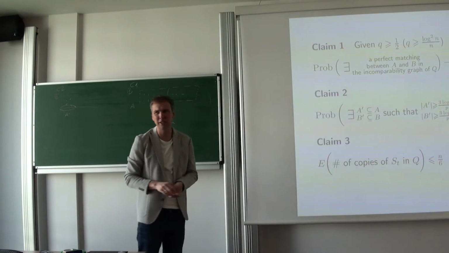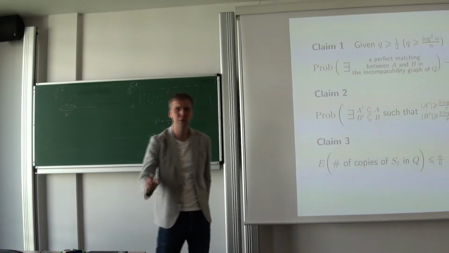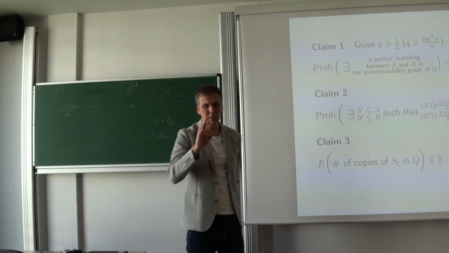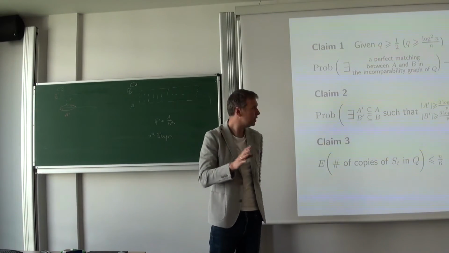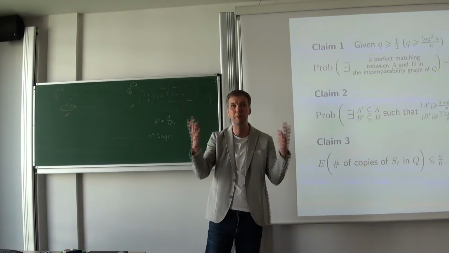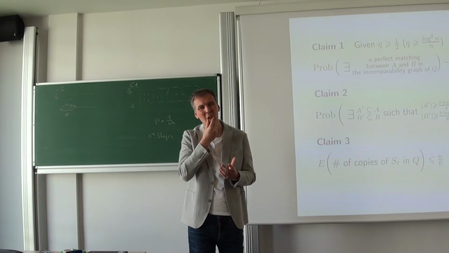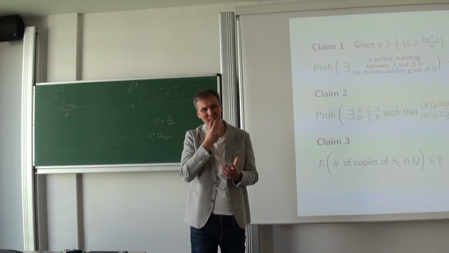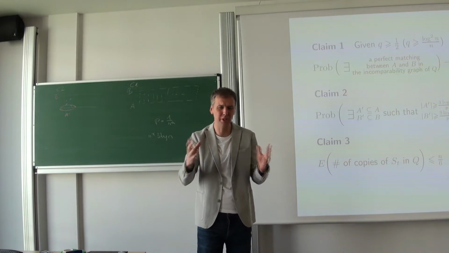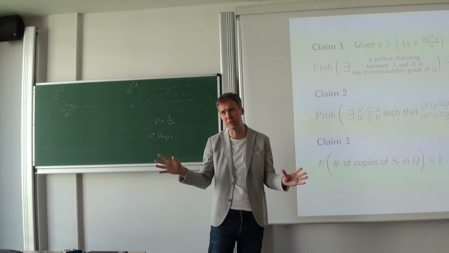So please note that these two claims kind of balance out what you see. We choose p in such a way that on one hand we want to see some incomparabilities. Please note that the complete bipartite graph, in general, you want to see some incomparabilities and some comparabilities because the two extremes have low dimension.